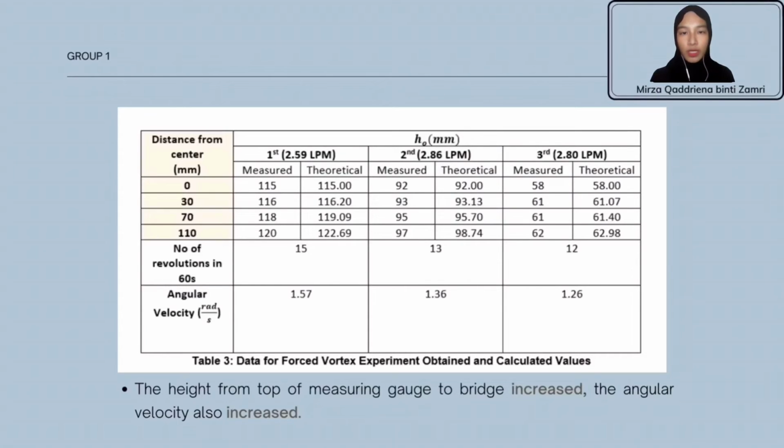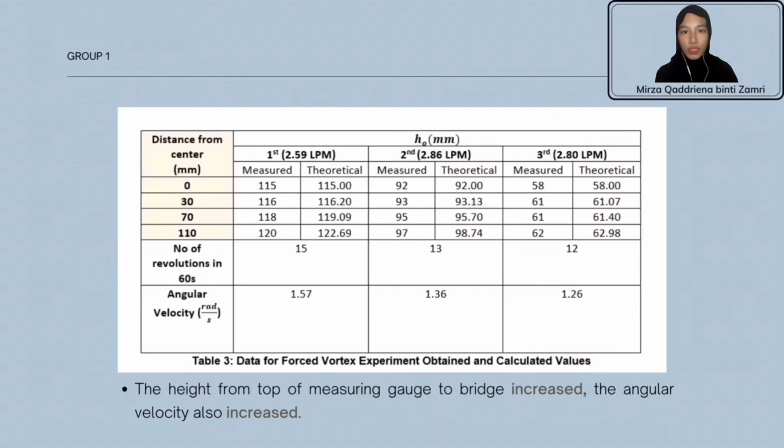For the first trial, height measured was 115 mm, 160 mm, 180 mm, and 120 mm. For the second trial, height measured was 92 mm, 93 mm, 95 mm, and 97 mm. For the third trial, height measured was 58 mm, 91 mm, 91 mm, and 92 mm.